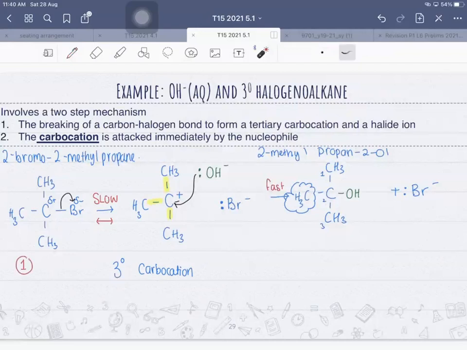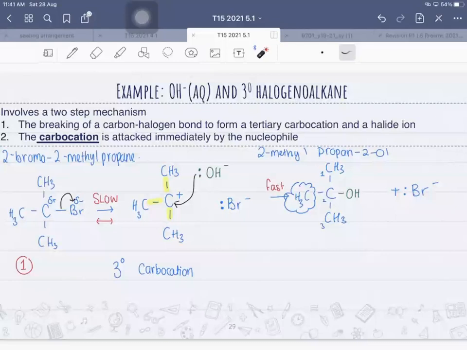So you should learn the steps, memorize the steps, but don't memorize the molecule, because you can always change the molecule. You can always use a tertiary chloroalkane or a tertiary iodoalkane. And then you can also use different nucleophiles: cyanide ion, water, ammonia. These are all different nucleophiles.